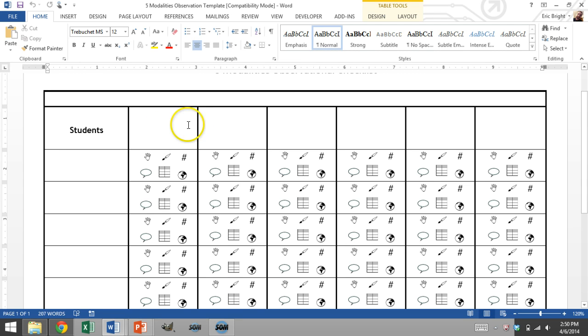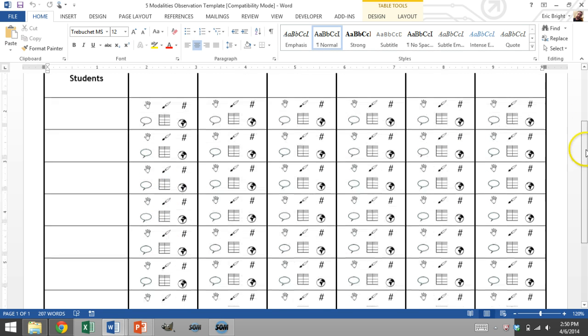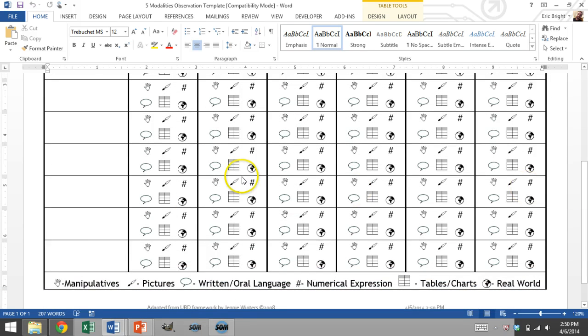You can put questions or objectives here, or probably more like questions, or representations of a problem or a particular situation. And in each case, you're going to have students go between all of these different modalities, and then you're going to mark which ones the students can go between.